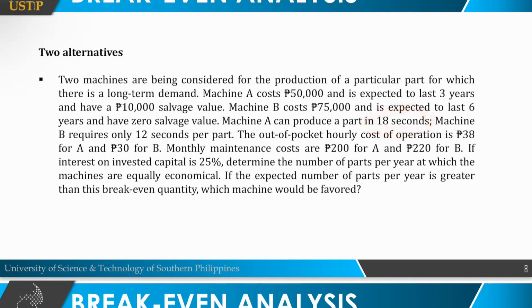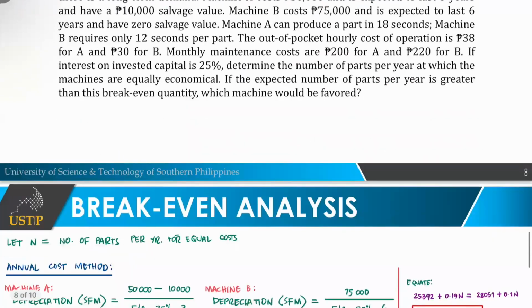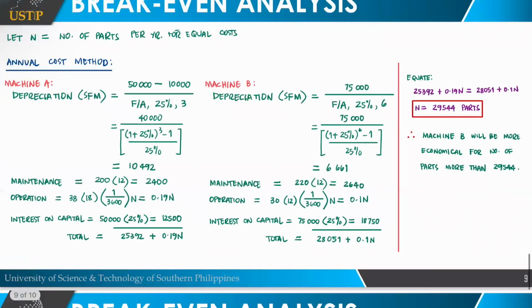So we convert 18 seconds to hours by dividing by 3,600. Since both are now in hours, the hours cancel, and the 38 is a cost per hour. Then multiplying by n gives the total number of parts per year. That is why we have 0.19n for operation. The n is still unknown.